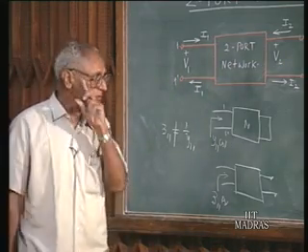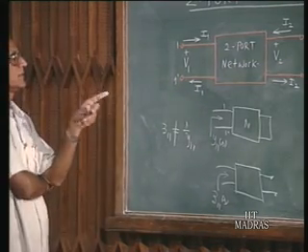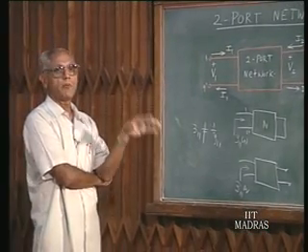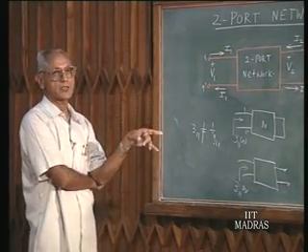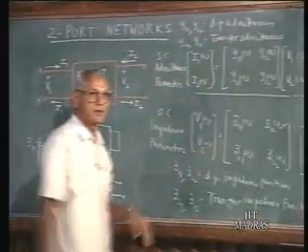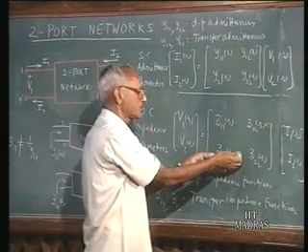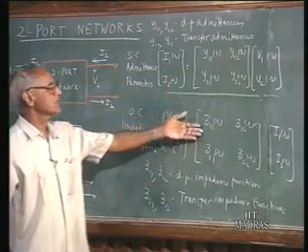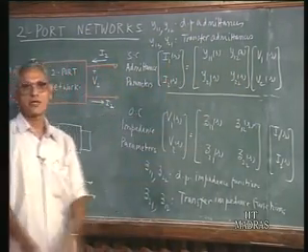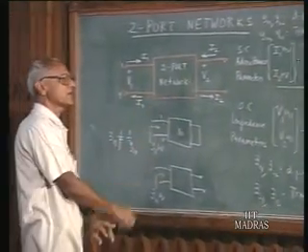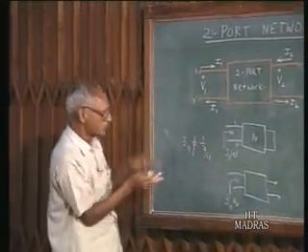So, the short circuit driving point admittance at port 1 is not the reciprocal of the open circuit driving point impedance at port 1. These two are not reciprocally related, but this entire matrix is the inverse of this matrix. So, you can show that Z11 is related to all the Y parameters in some fashion. We can invert the matrix and find out, but individually Y11 is not equal to 1 over Z11 because the two networks are different.